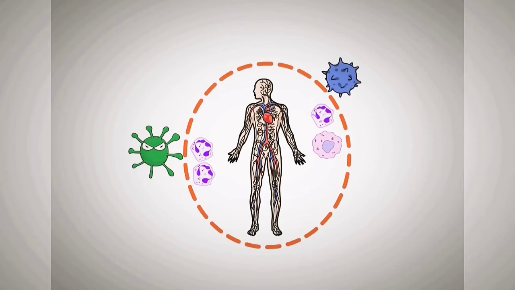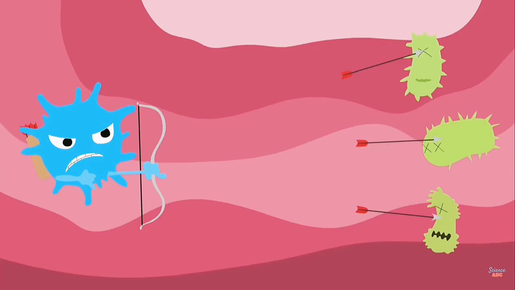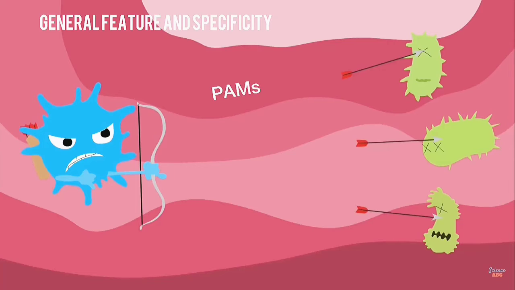Innate immunity has general features and specificity. There are two kinds of specificity of innate immunity. PAMPs indicate that they are present in infectious agents and shared by microbes of the same type.